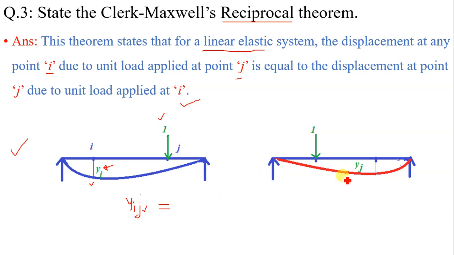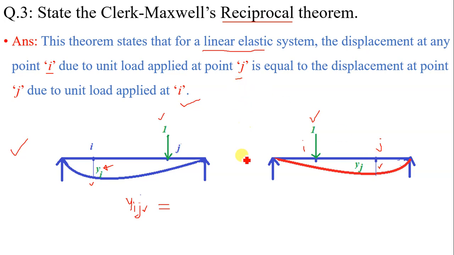Now the second case. In this case, the unit load is applied at point I, and this is point J. This is the deflected shape of the beam, and this is Yj.